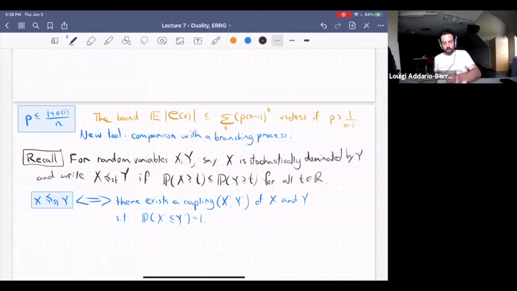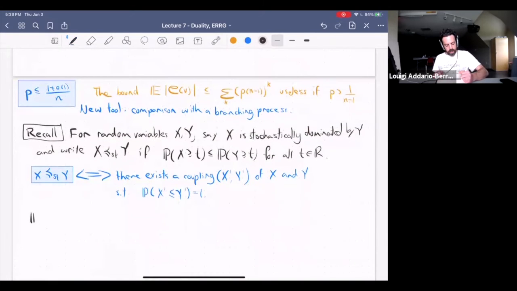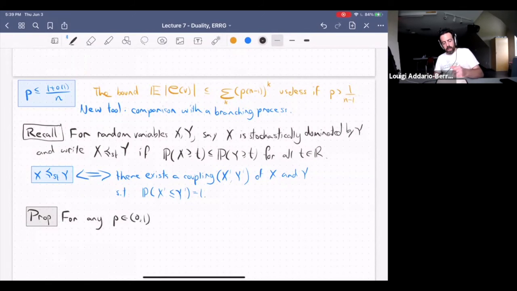Okay, so now with that notion at hand, I can state the stochastic relation I'm going to use first for component sizes. The way I'll state it holds for any p between 0 and 1. It will only be useful for certain values of p, but the fact is true for any p.